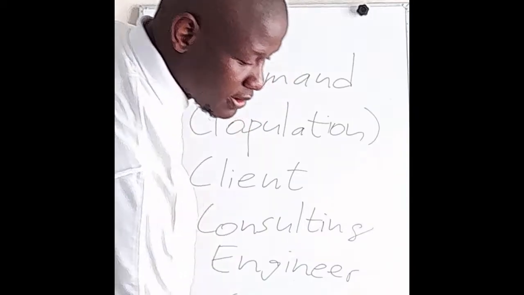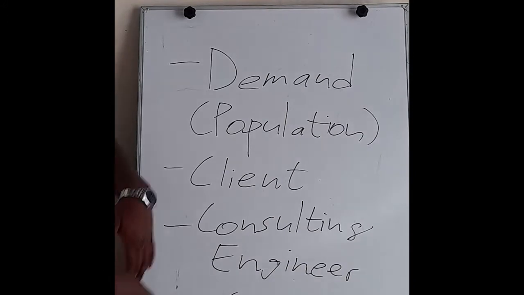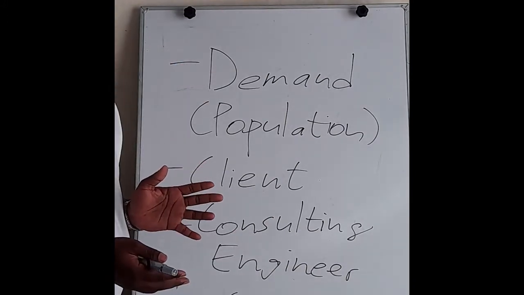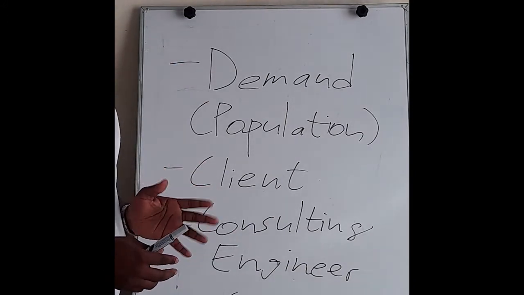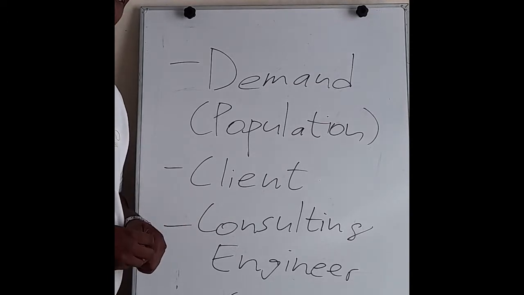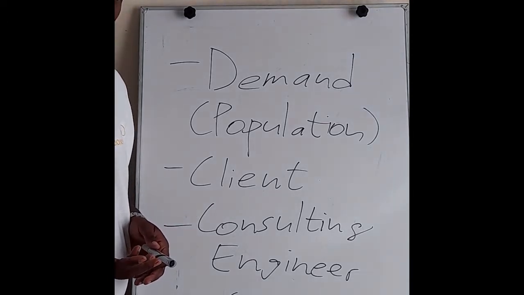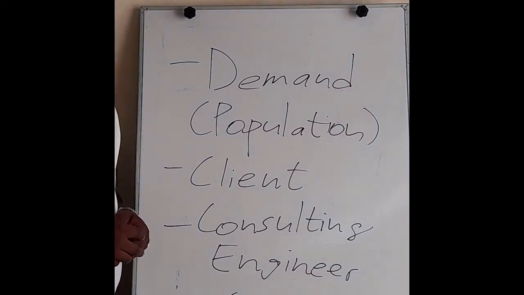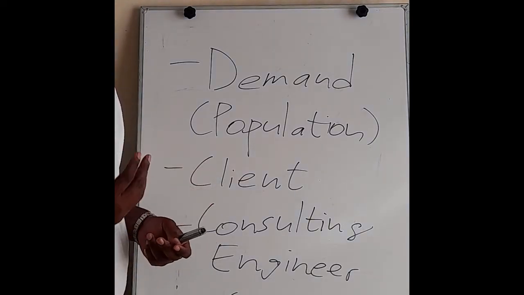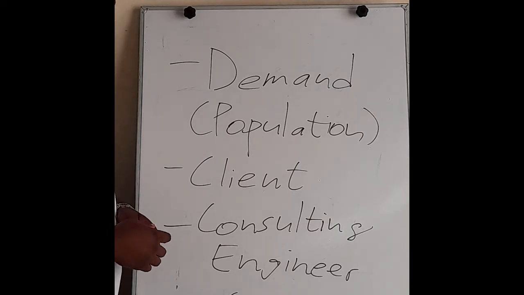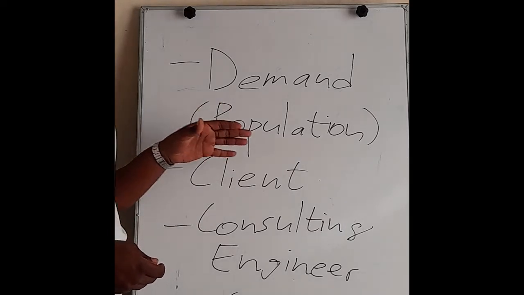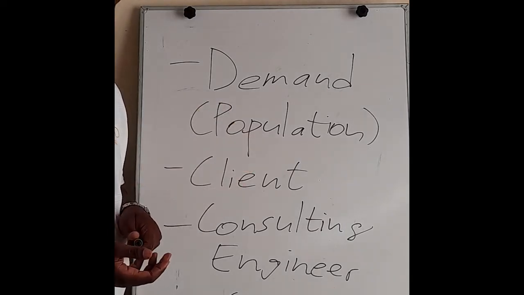So typically this is how I normally structure how to start up with a water treatment introduction, basically. How do you get your water treatment plant and so forth? It firstly starts with the population, okay?